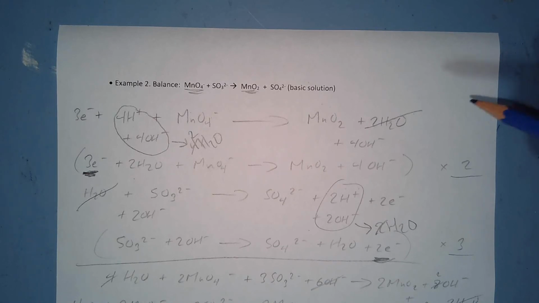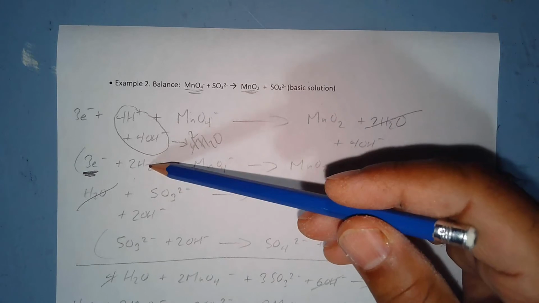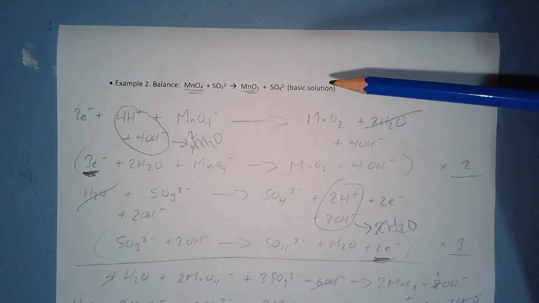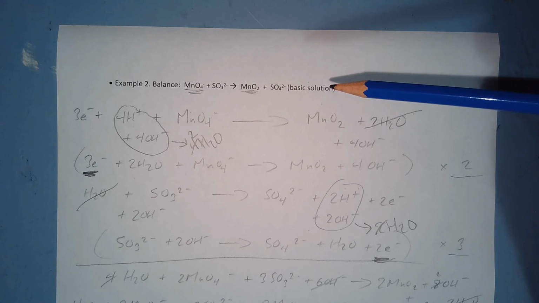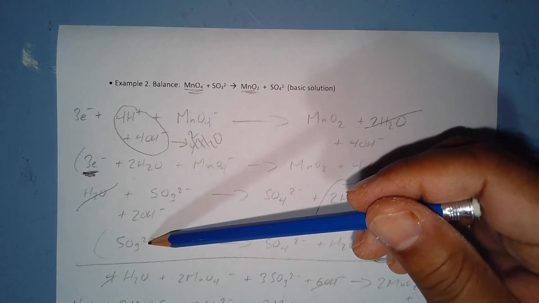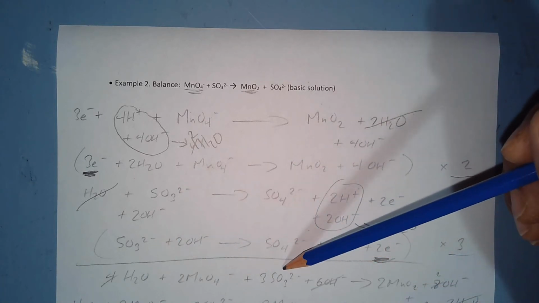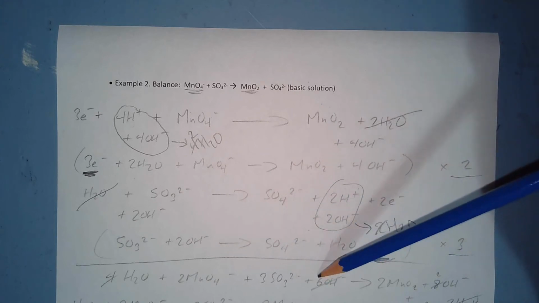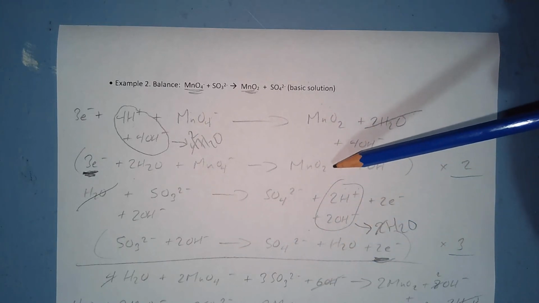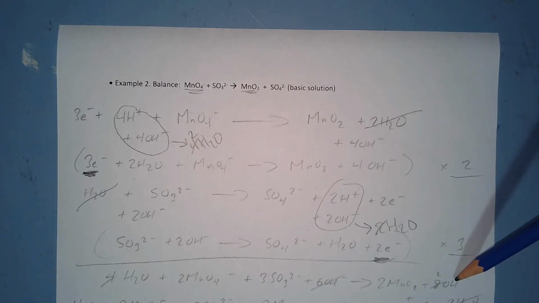You've got 2 times here's 4 waters, 2 MnO4 minus, and then the 3, we multiply this by 3: SO3 2 minus, and 6 OH minuses, and then we've got the 2 MnO2s, 8 OH minuses, and the 3 SO4 2 minuses, and the 3 waters.